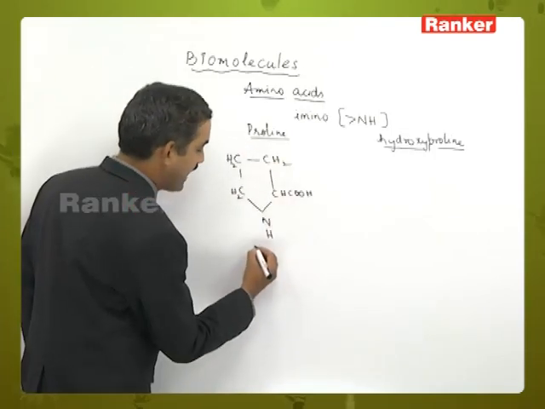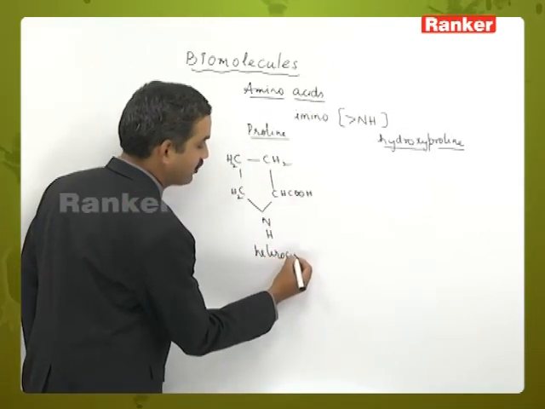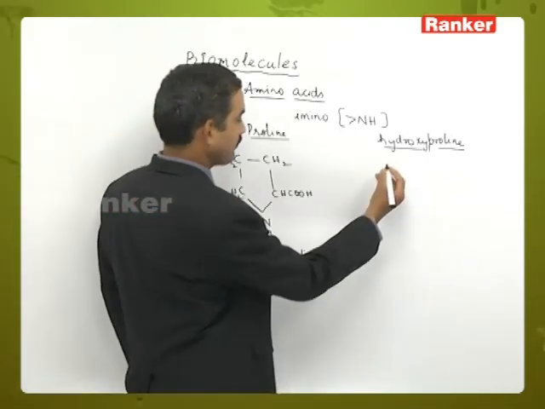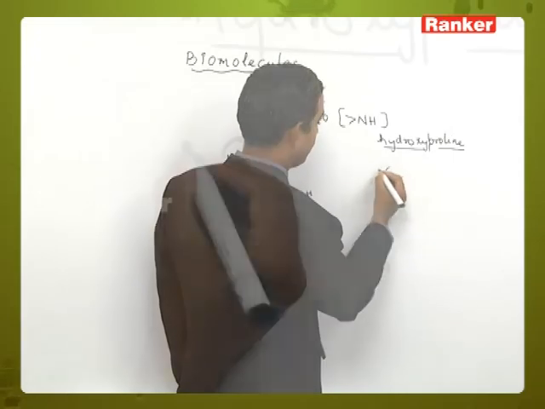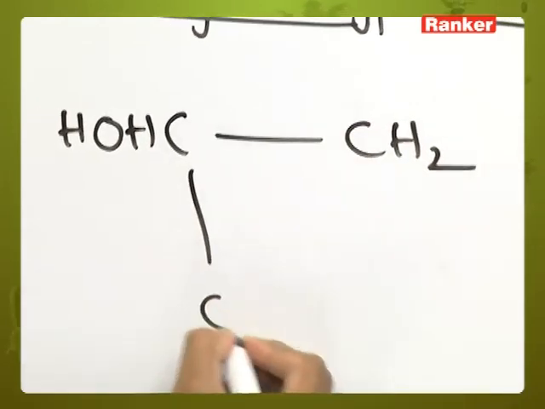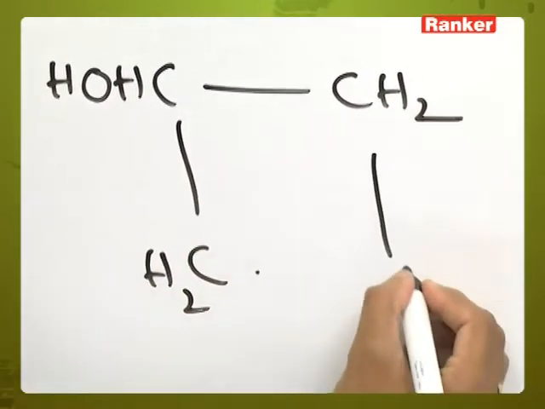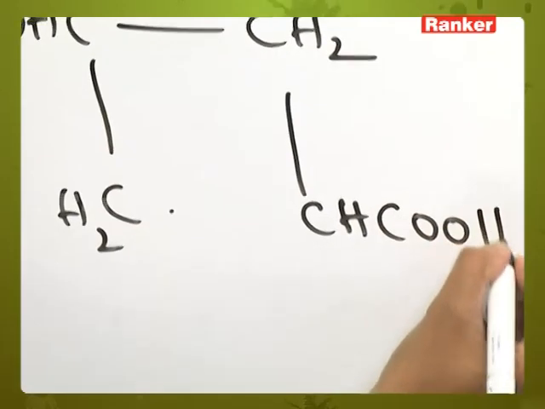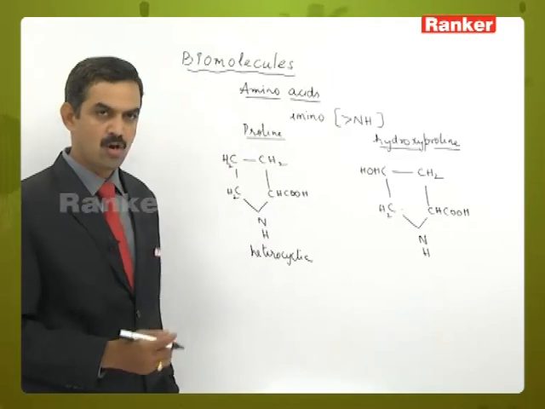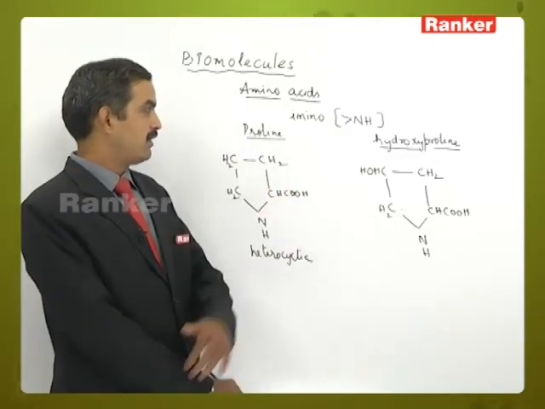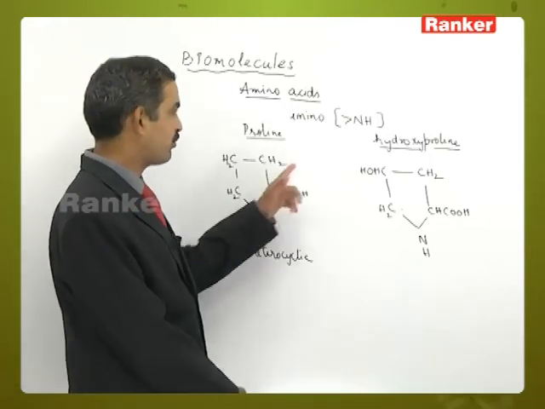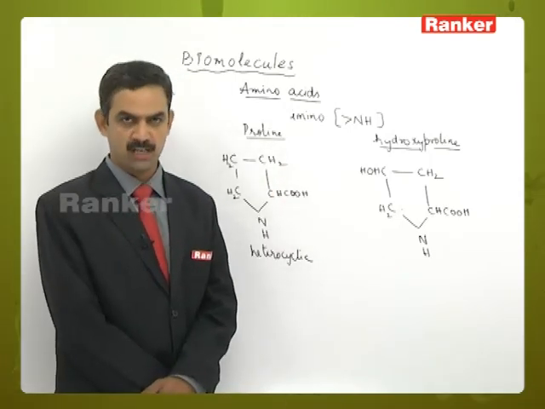So it is a heterocyclic compound. Then hydroxyproline, CHOH with CH2, CH2, CHCOOH with NH. This is also a heterocyclic compound. Likewise, when the imino group is present, they show a heterocyclic nature like proline and hydroxyproline.